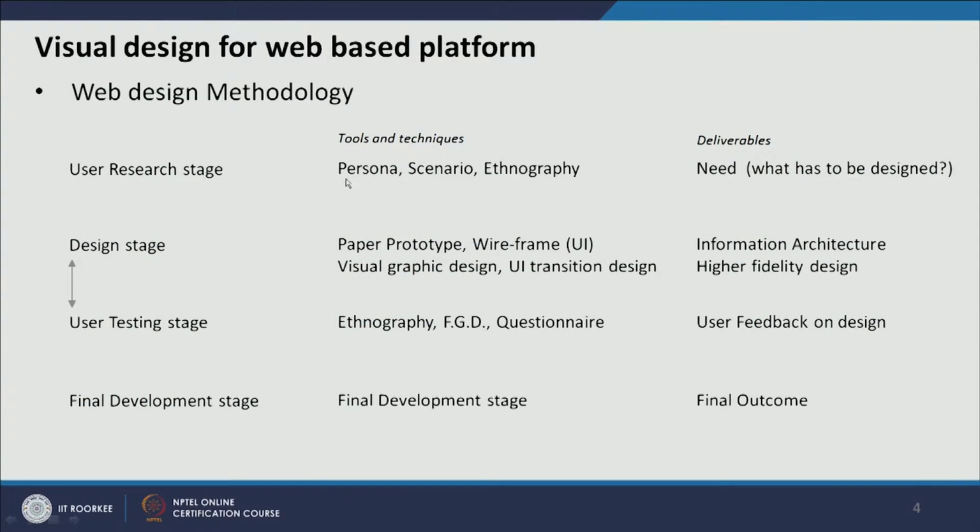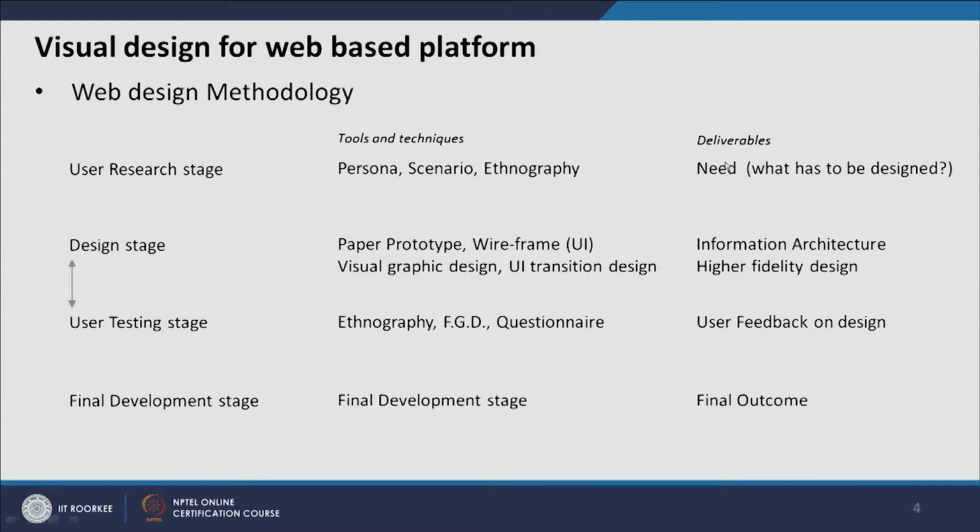For that, the tools and techniques we apply are making personas, scenario building, and through the process of ethnographic survey we observe the user and do the user research. These individual things will be discussed in this lecture series.